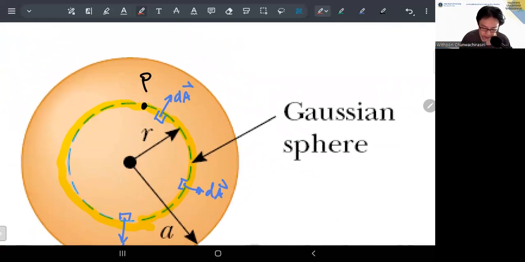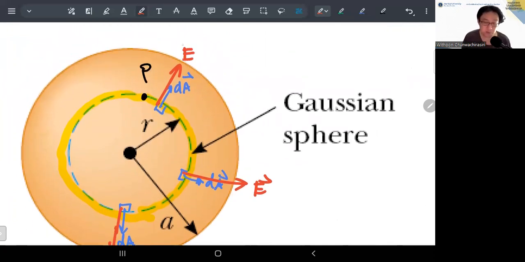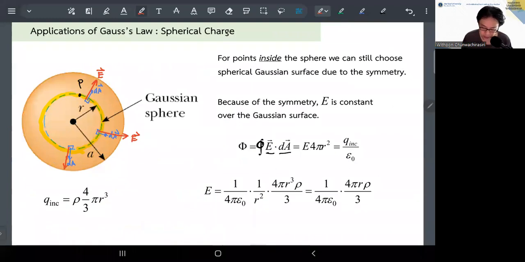What is going on here? Even though you don't know what the electric field is, the direction of the electric field is still radial due to the symmetry. No change. So you get E dA cosine 0 under the integral.